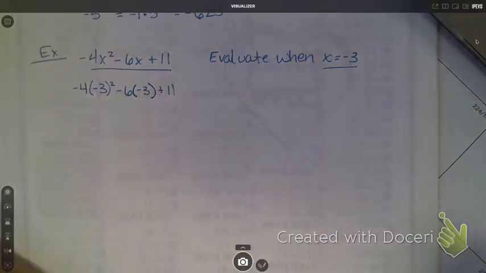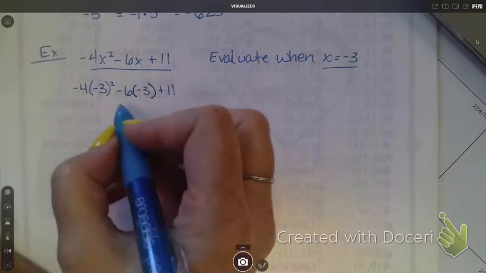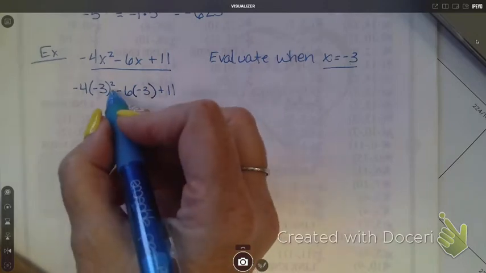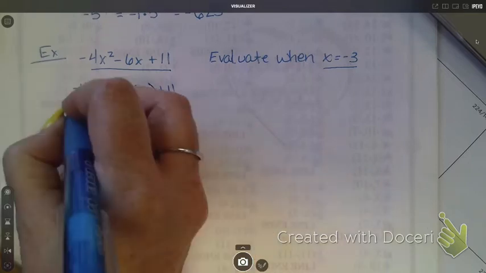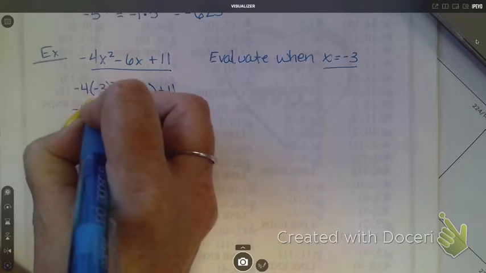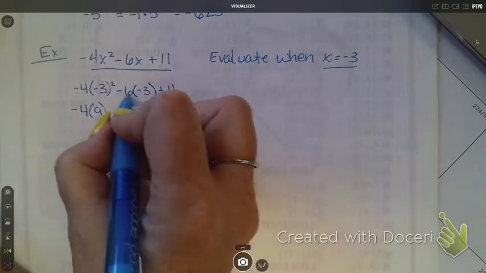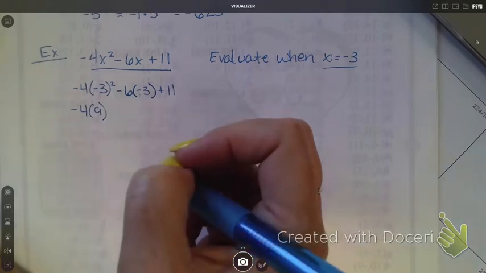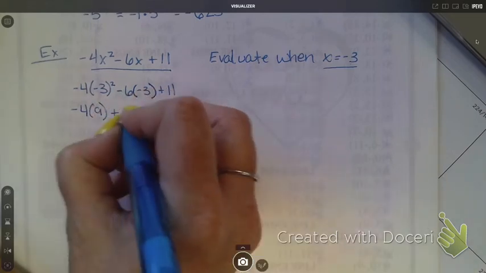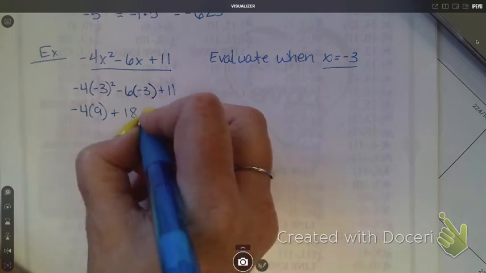So order of operations tells me I have to do exponents first, yes? So (-3) squared is what? 9. So I have -4 times 9. -6 times -3 is what? Positive 18 plus 11.